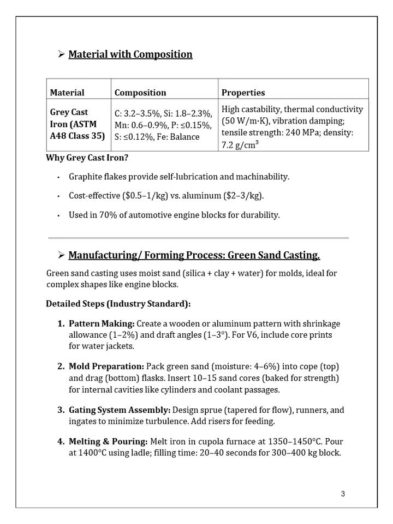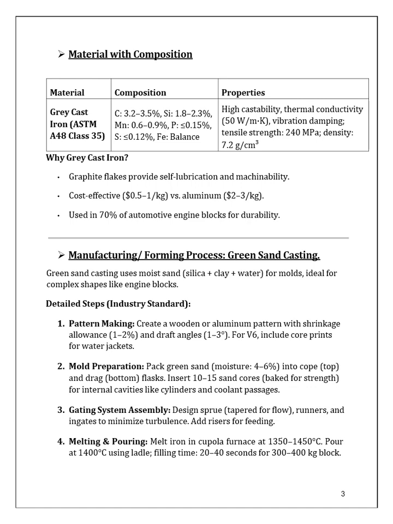Manufacturing, the casting process. Here you can see green sand, which is silica, clay, and water, for the mold, and the detailed steps. We can start here: pattern making, mold preparation, gating system assembly, melting and pouring. What is pattern making?